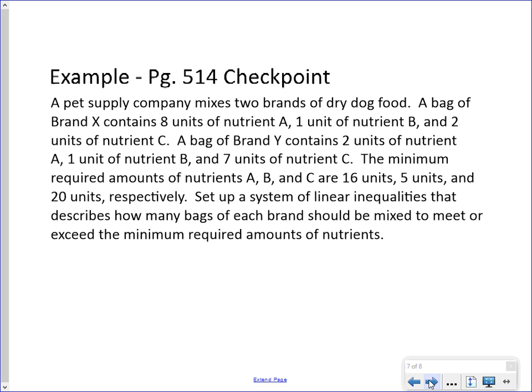So here's what you should do. Read through the problem. Double check what they're asking you to find. Use that to help you define your variables, and then try to write the inequalities. I'll give you a few minutes on your own, and then I'll tell you to start having conversations with your group and see if you guys agree.